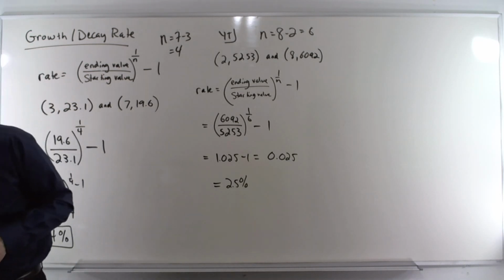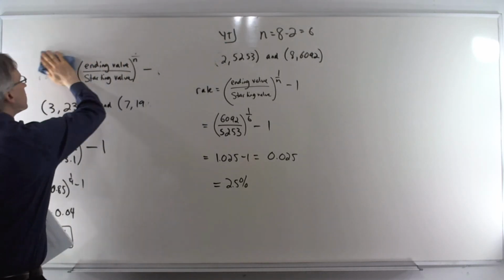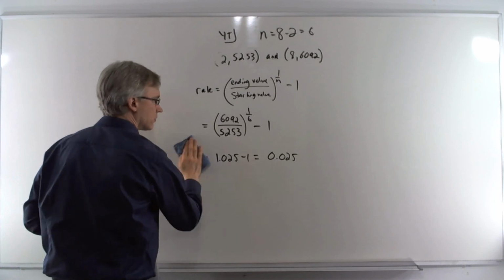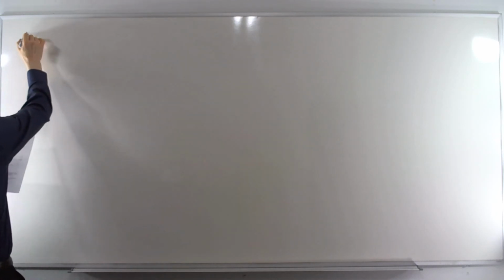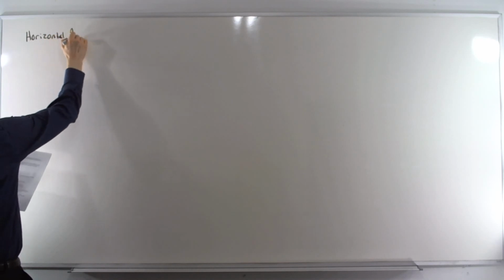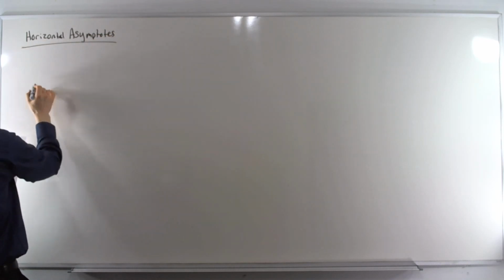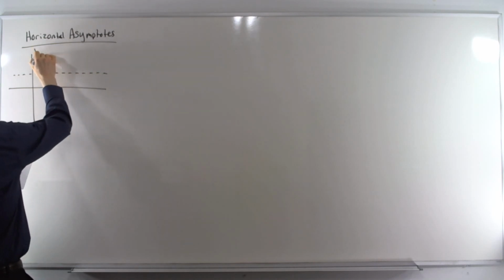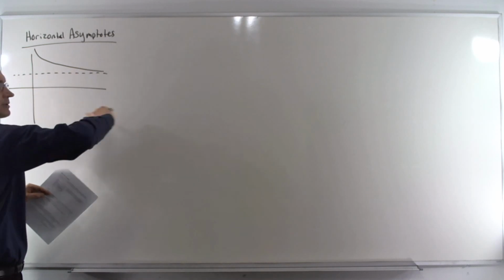The last type of calculation involves horizontal asymptotes. So some graphs are going to become nearly horizontal as we go off to the right.